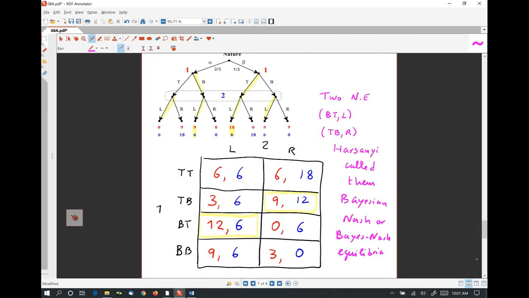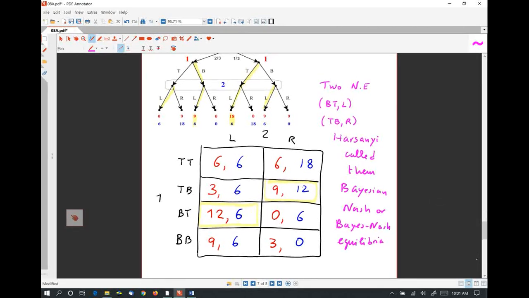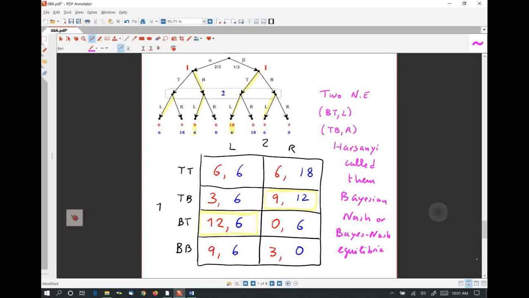So let's now talk a little bit about this equilibrium. Notice that at the time when Harsanyi was developing his theory of incomplete information, Nash equilibrium was the only solution concept that was known, right?